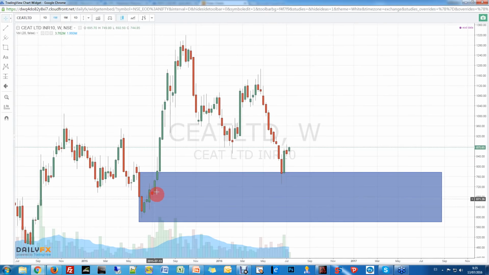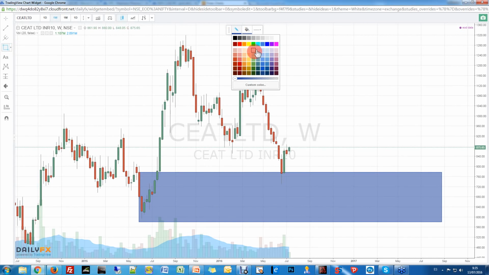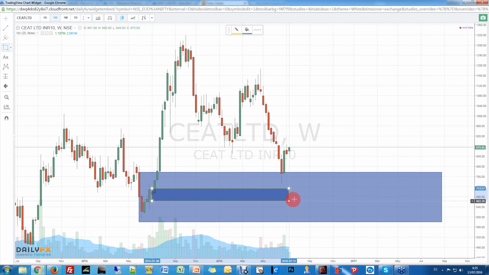So within that area, there was an area of demand. Let me draw it in yellow, right there. Price fell short of hitting that area. This is not supply. Well, let me see. This is demand, this is supply.